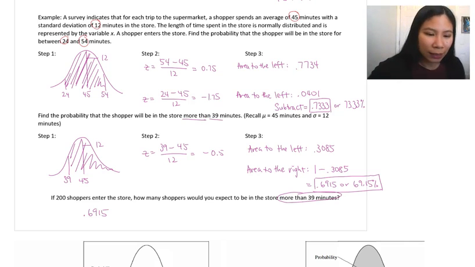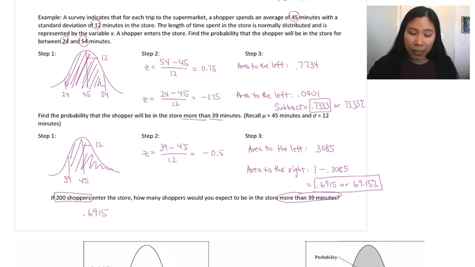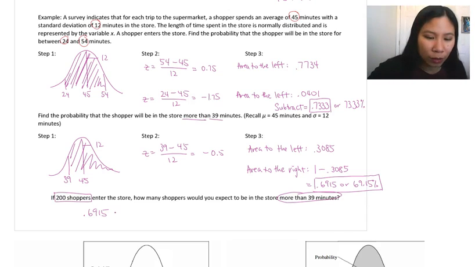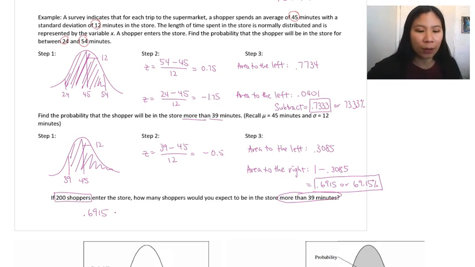But if they're asking about a specific number of people rather than just a percentage, then all we have to do is multiply our probability by the total number of people. So our probability of 0.6915 multiplied by the total number of people, which is 200, we end up with 138.3 people.